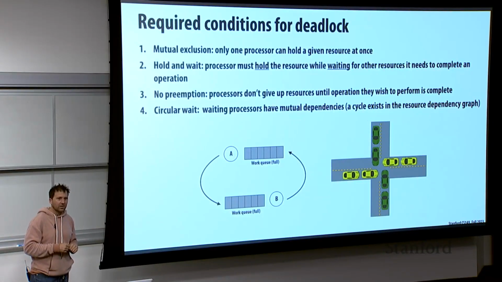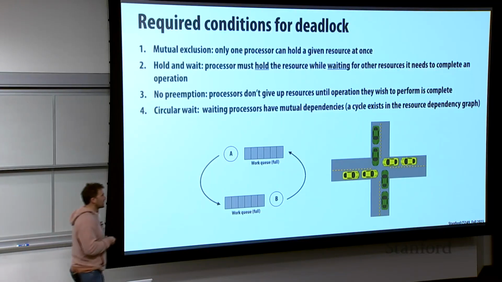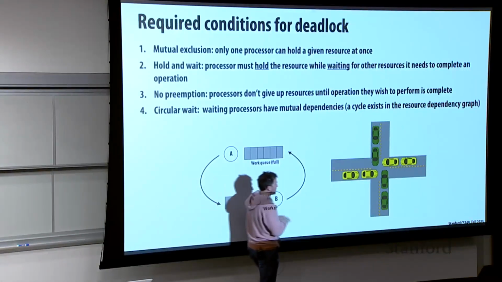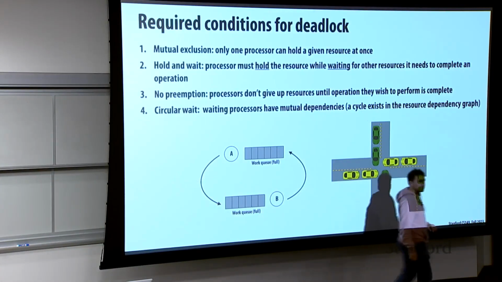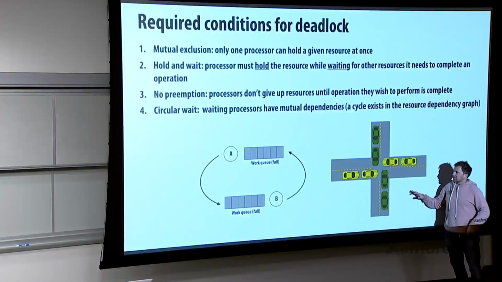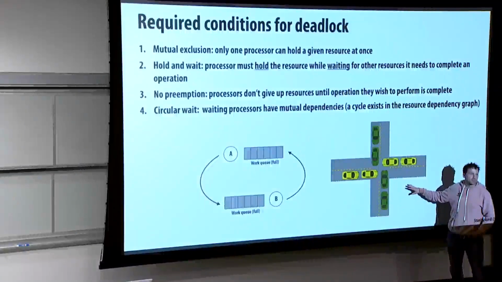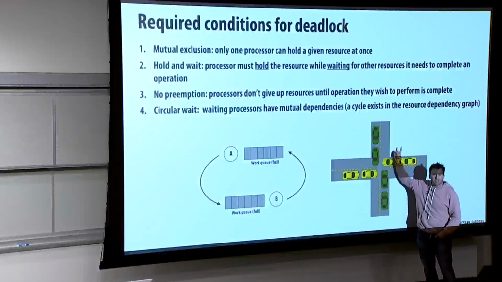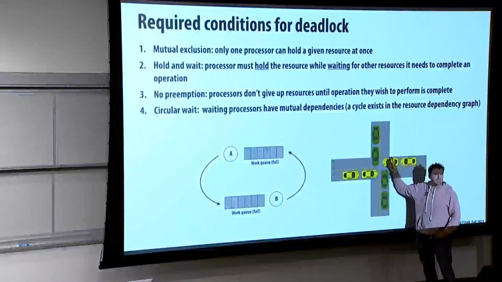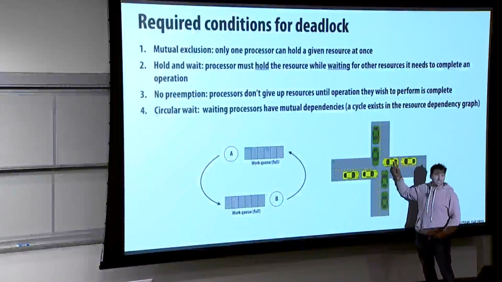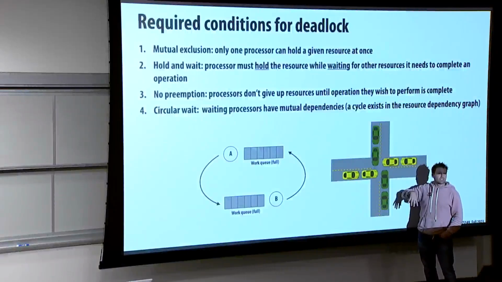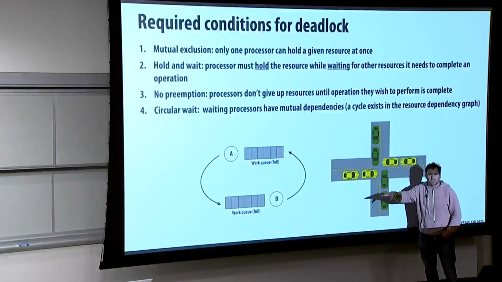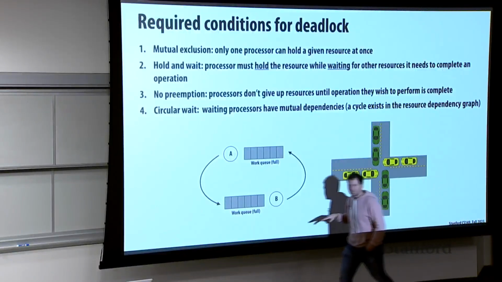Because if there wasn't a circular set of dependencies, what would happen here? How would this resolve itself? Imagine that there were only 3 cars in the intersection, not 4. If there were only 3 cars, someone would make progress, right? And as soon as they finish their task getting through the intersection, they would relinquish resources for someone else. And then someone else can go, and so on and so on.